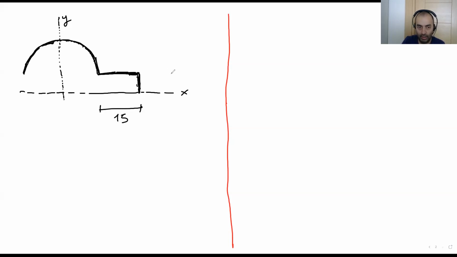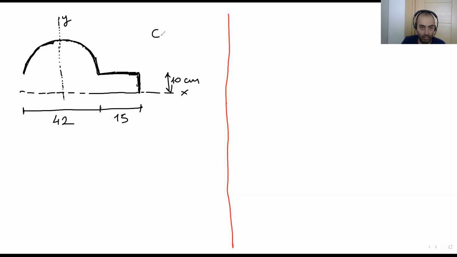Yes, here the height is 10 centimeters, and this part is 42. These are the given dimensions in the question.